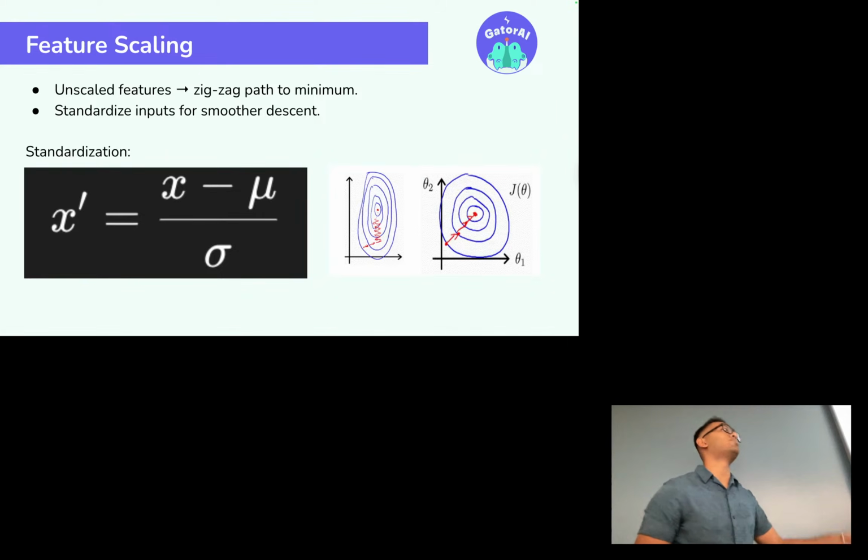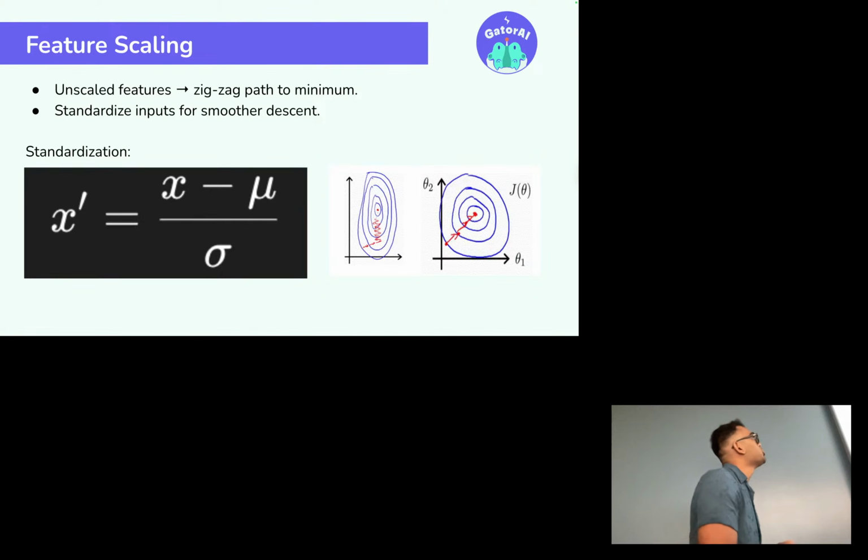On one hand, we have 0 to 100, and on another hand, we have 0 to 100,000. So how we standardize this is by using the standardization formula, which is a part of feature scaling. And this is the formula we use to standardize it. It's a fairly simple formula: it's your x value minus your mean, over your standard deviation. And that just makes it so that the ranges are uniform for every data set that we have.